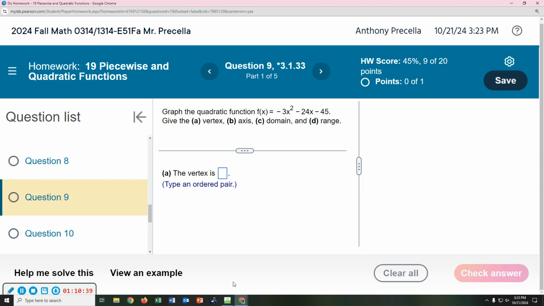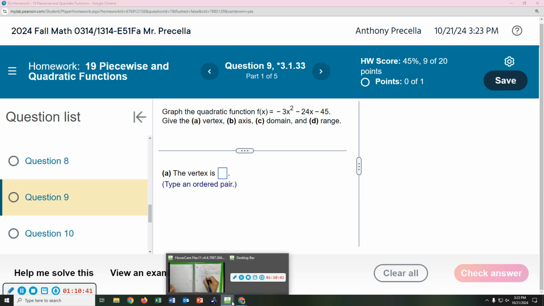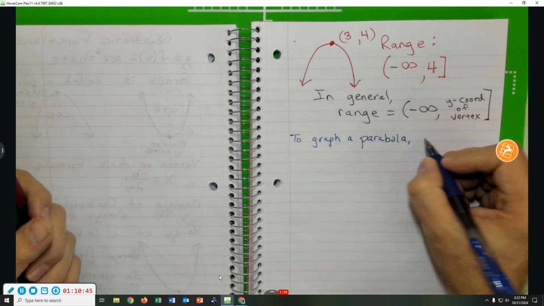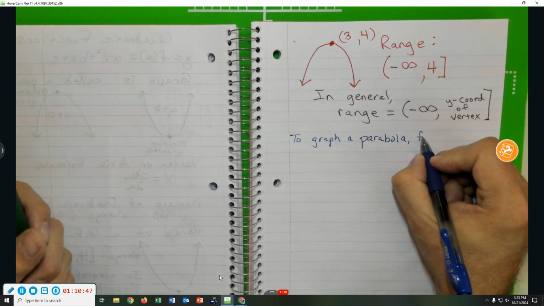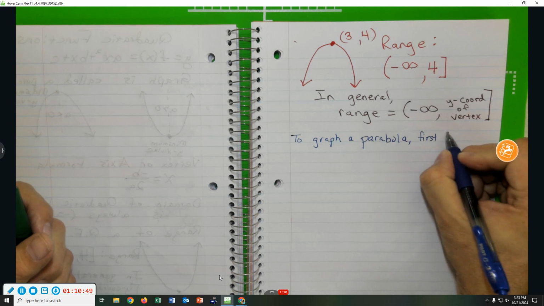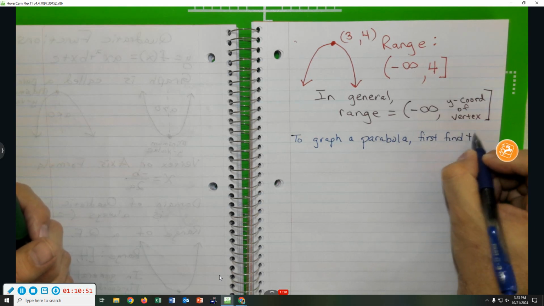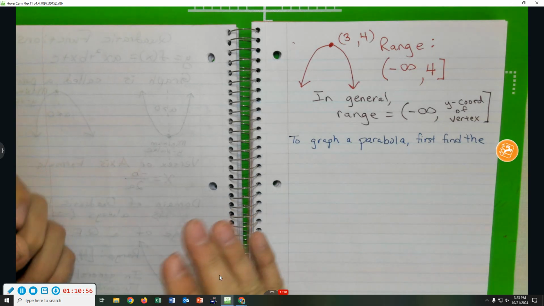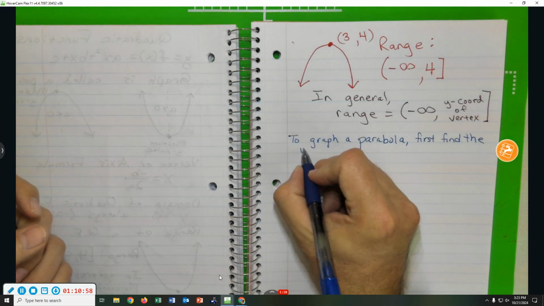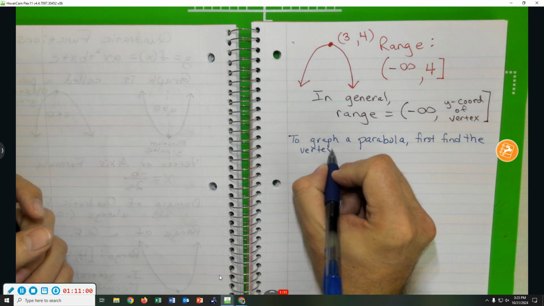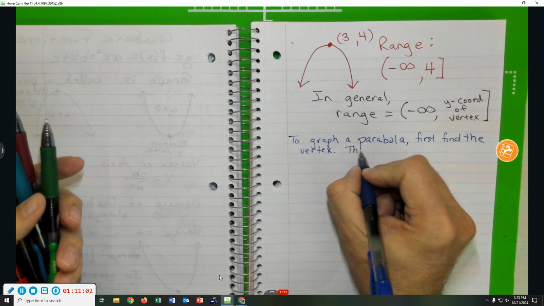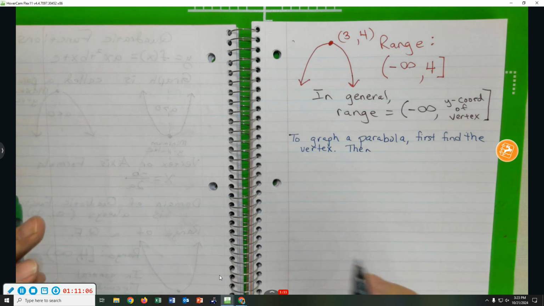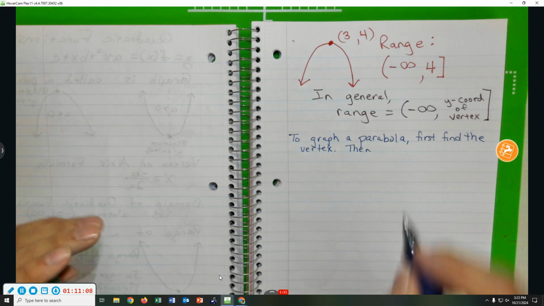To graph a parabola, first find the vertex. That means do the minus b over 2a formula and then plug it in to get the y value. And once you know that vertex, find one other point. That's all it's going to need for the graphing tool.